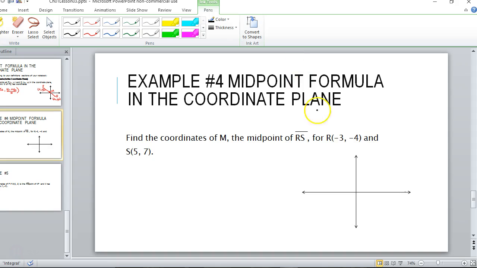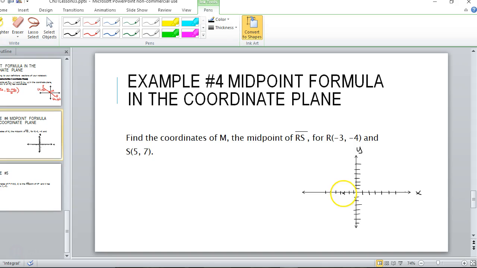Alright, so I am going to put my marks here. This is the x-axis, this is the y-axis. Alright, so R, I'm going to start at the origin.